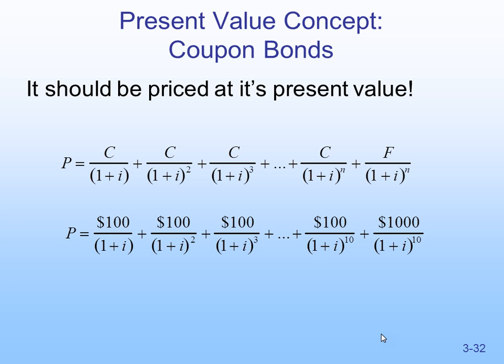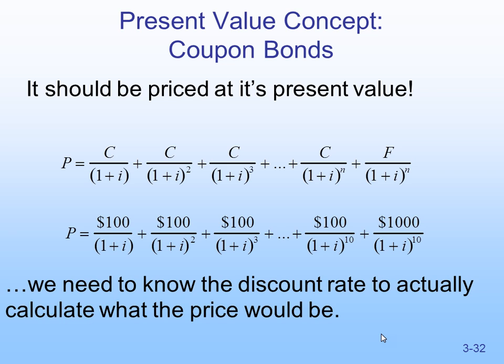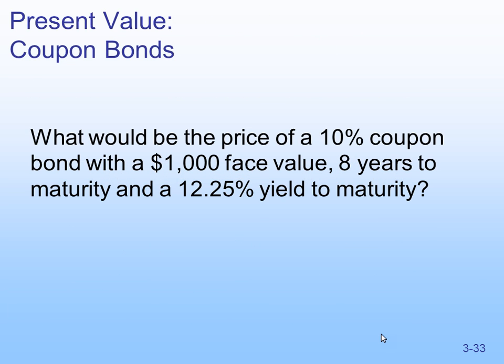All right, so let's do a different example. Let's try this one. To really know what price this would sell for, what its present value is, we need to know the discount rate. Okay, try this. What would be the price of a 10% coupon bond with a $1,000 face value? This time it only has 8 years to maturity.